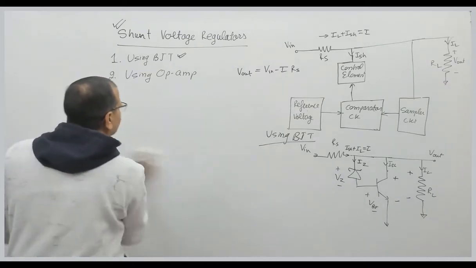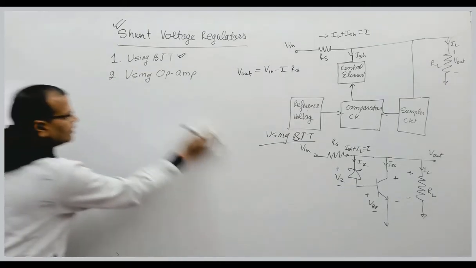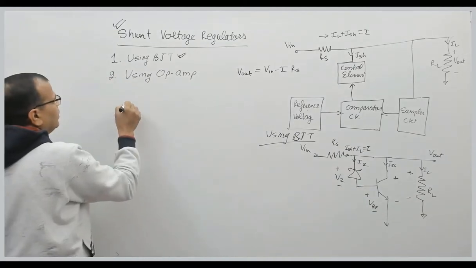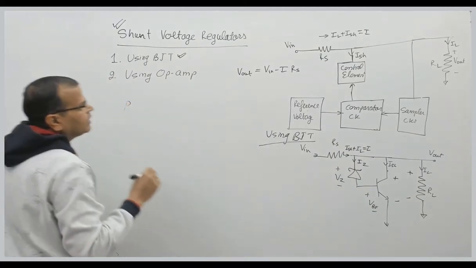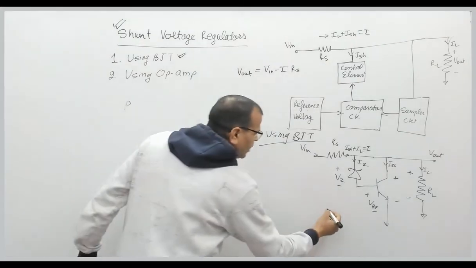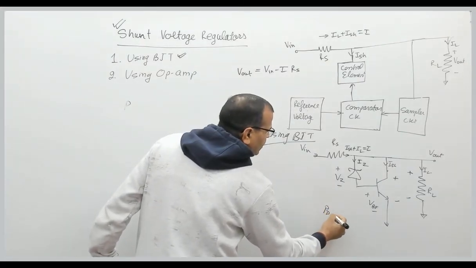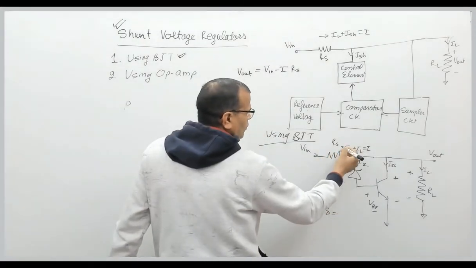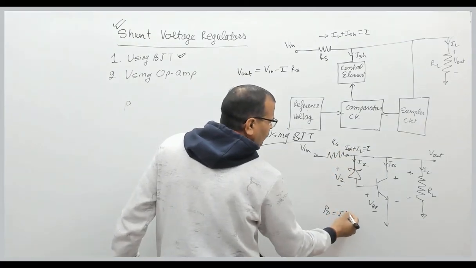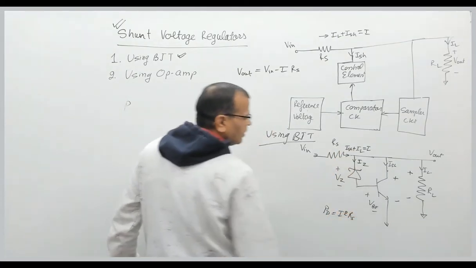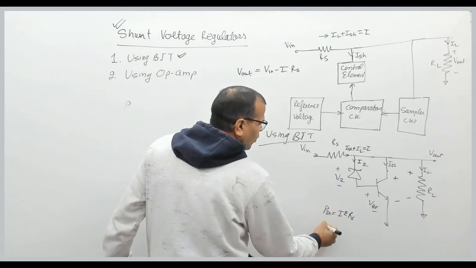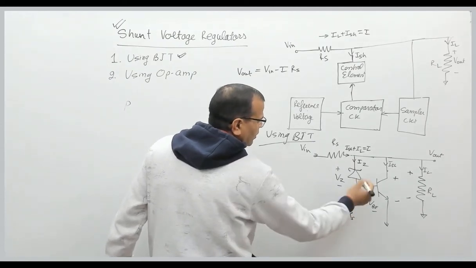So the power dissipation in the circuit will be, one is because of the loss in resistance RS, that is suppose PD1. What will be the power dissipation in the transistor?